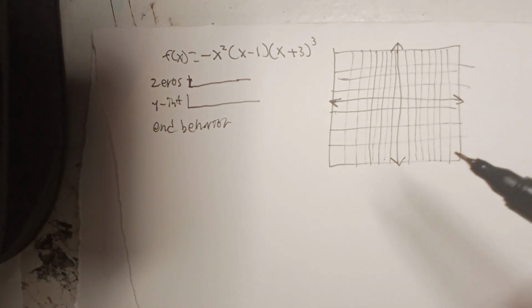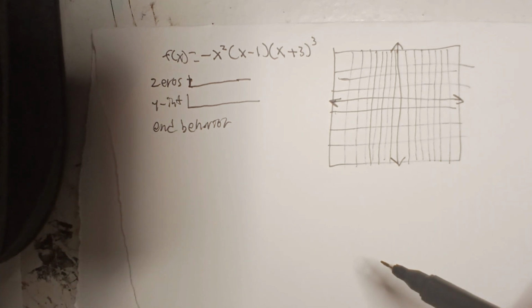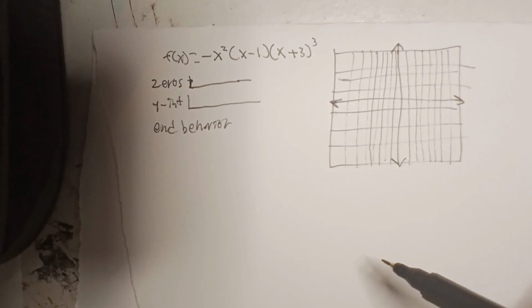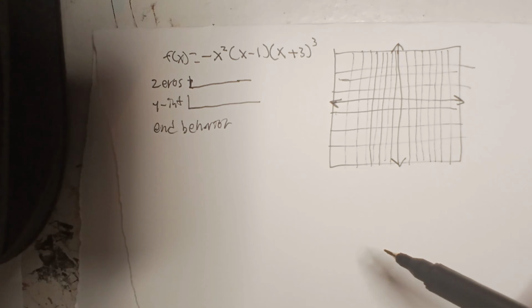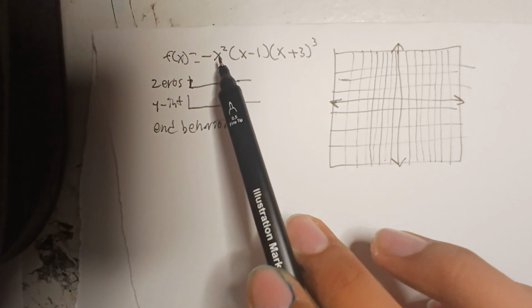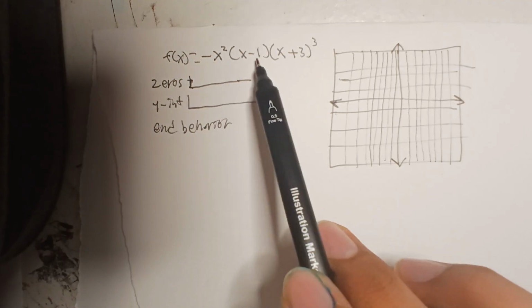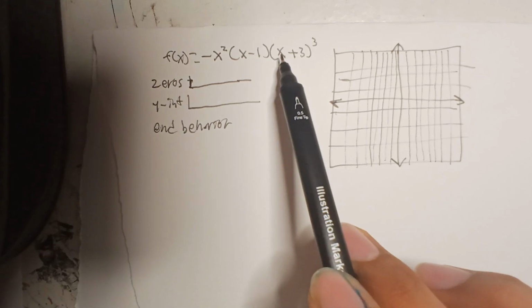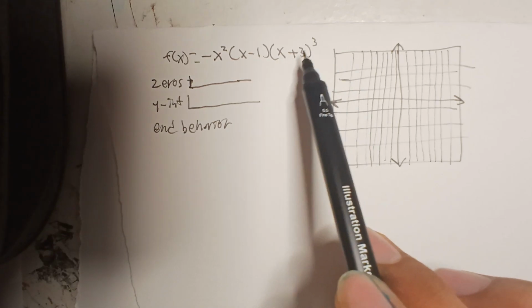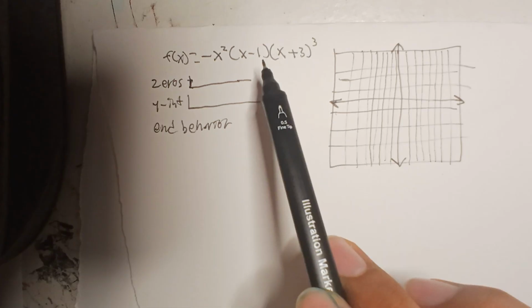For the end behavior, all you have to do is count how many x's there are. There's a power of 2, there's another one here, so 3, and then there's 3 here, so it's gonna be a power of 6 if you multiply them all.